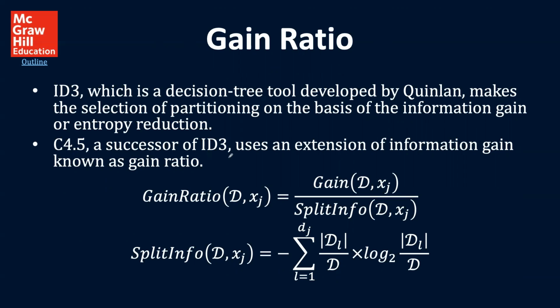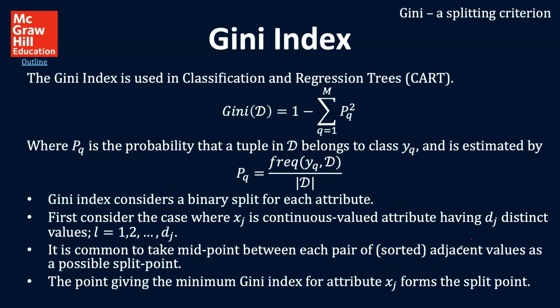C4.5 is a successor of ID3, uses the extension of information gain known as the gain ratio. And so here we have the gain information, and here we have the split, the gain ratio and the split info, how we would calculate those. So Gini is an example of a splitting criteria.